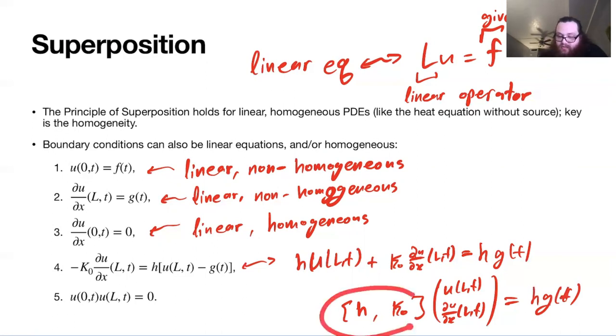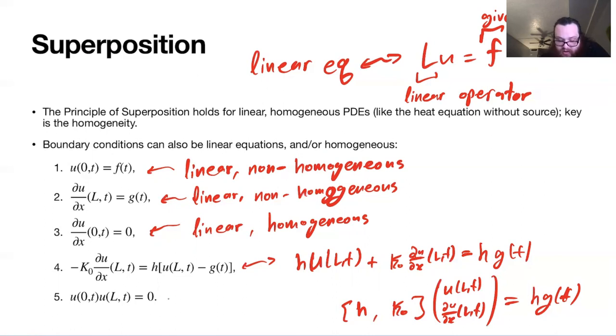So here, this is a matrix, that's our linear operator. This is our vector, and this is our given vector. So indeed, we can write it quite explicitly as a linear equation. If g of t is not necessarily 0, then this won't be homogeneous, but it definitely is linear.